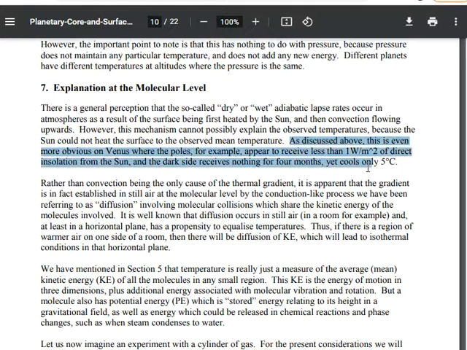Okay, so as discussed, this is even more obvious on Venus, where the poles, for example, appear to receive less than 1 watt per meter squared of direct insolation from the sun, and the dark side receives nothing for 4 months, yet cools only 5 degrees Celsius. Okay, this is a red herring, essentially.